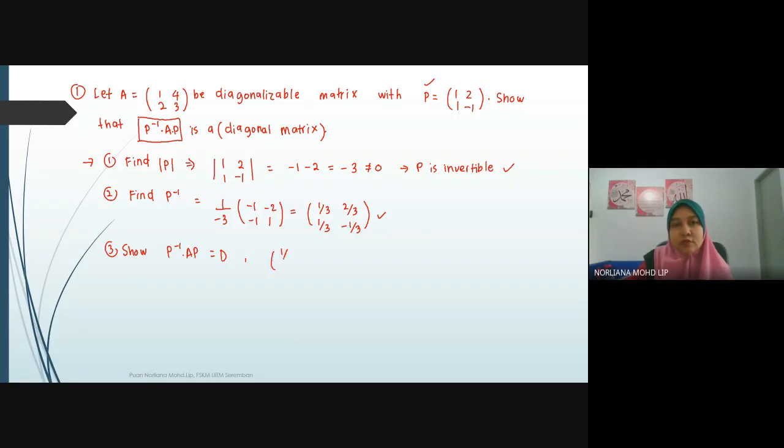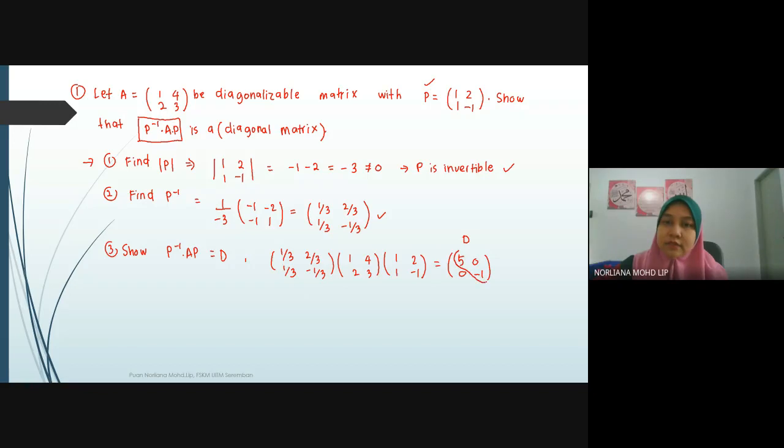So we can do it: 1 over 3 times A, 1, 4, 2, 3, times P. If we multiply this, we will get 5, 0, 0, negative 1. So this one is a diagonal matrix D.